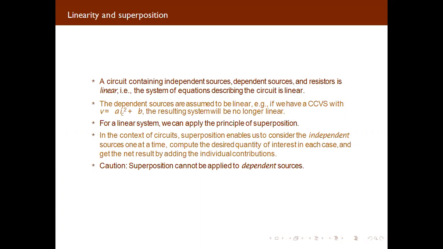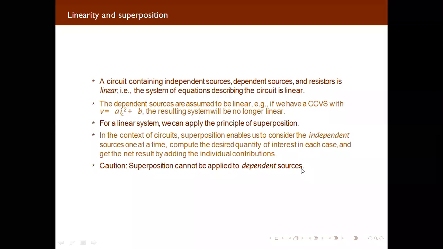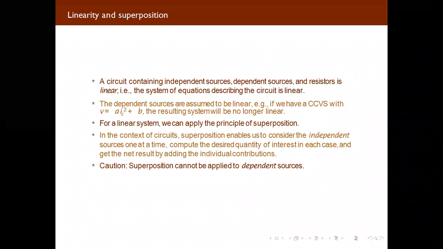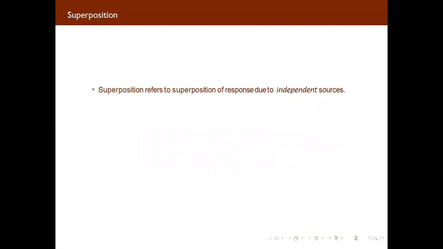So here we can say we cannot apply the superposition theorem to dependent sources, because we can apply the superposition theorem only to linear circuits and to independent energy sources. So the statement is that we can use only one energy source at a time and we consider the remaining energy sources deactivated.